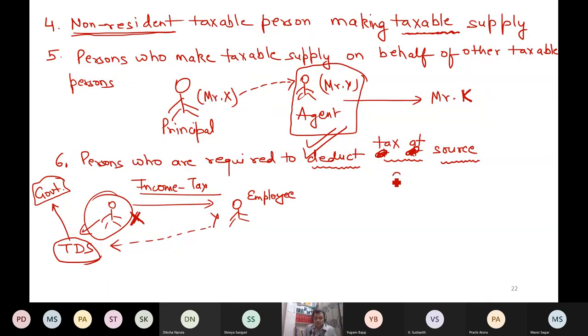Now under GST laws, what happens? The issue comes for payment. So as a supplier of goods or services, now rather than employer, who is giving the money under GST? Not the supplier. Suppose X is the supplier and Y is the recipient.